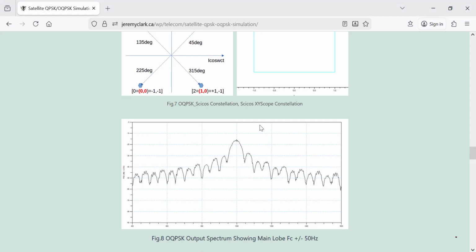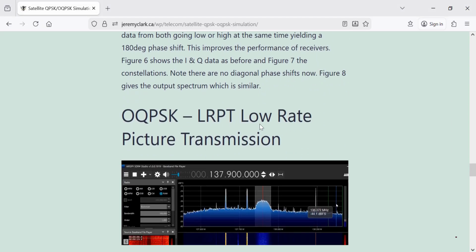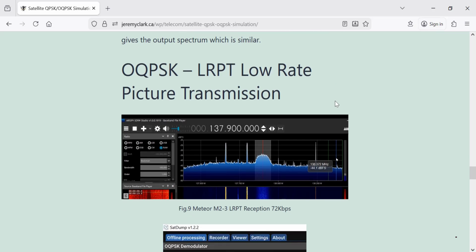So finally, where do we use this? Here's an example from a previous video. I looked at the METEOR weather satellite, and the METEOR weather satellite M2-3 transmits data at 72 kilobits per second. And you can see that the spectrum here has the shape of OQPSK.